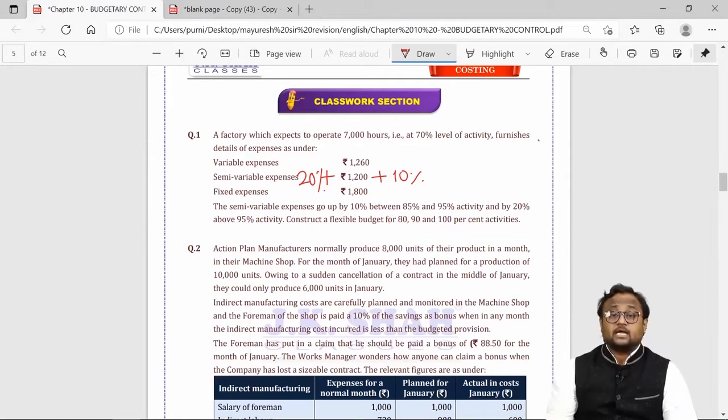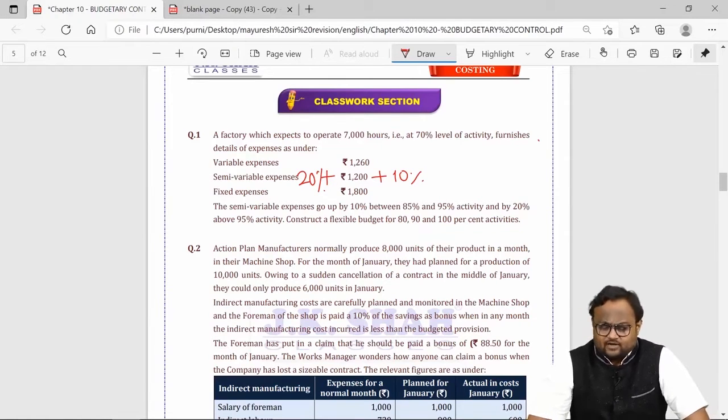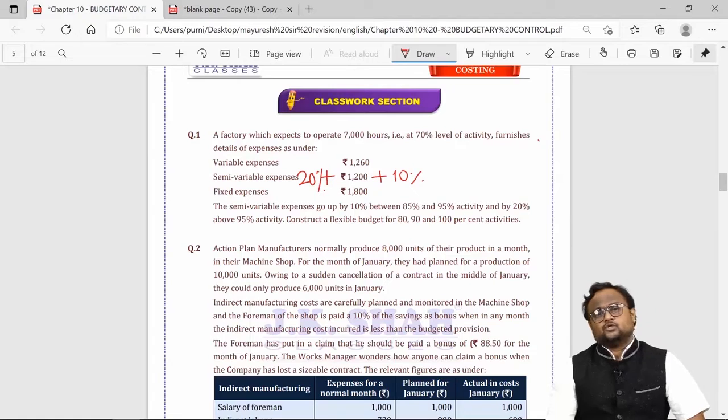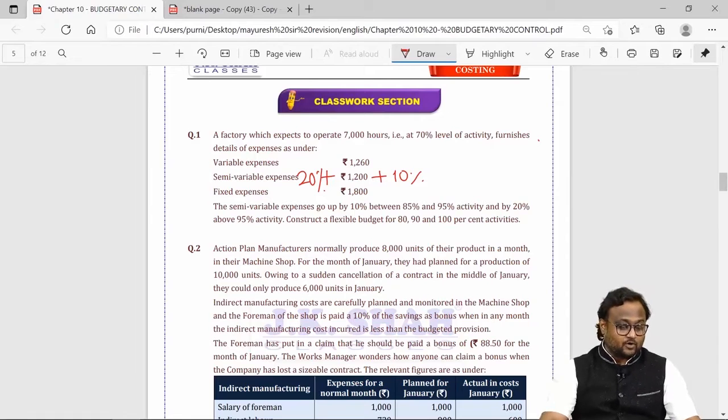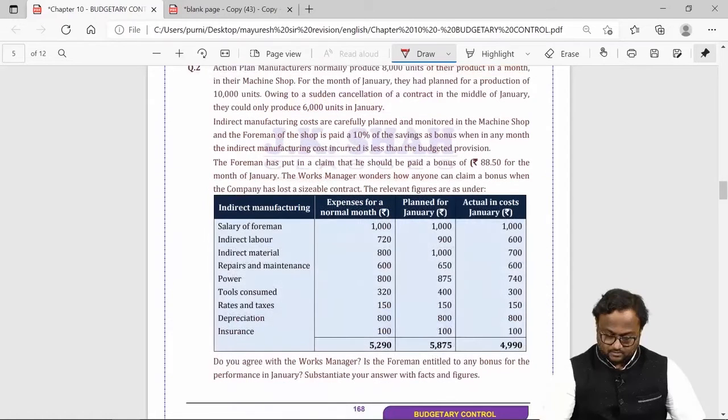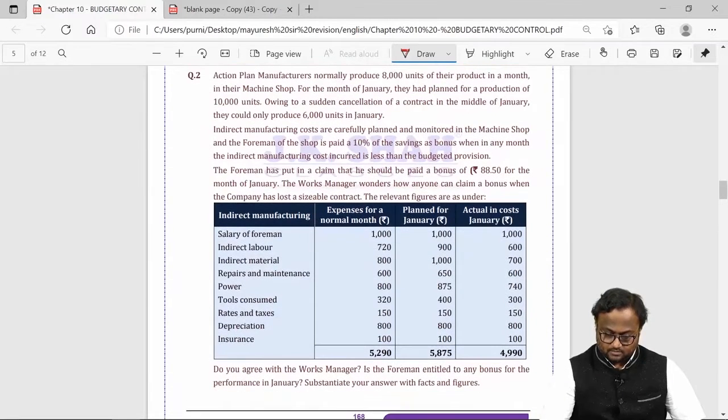As far as 100% activity utilization is concerned, it is above 95, so 20% will be the rise. So 1,440 will be the semi-variable cost, and that's how you are supposed to find it out. If there was a change, I would have recorded that change in CPU and total of fixed cost.